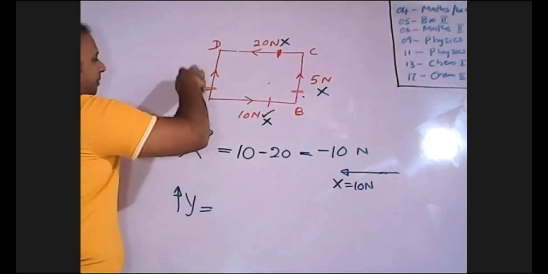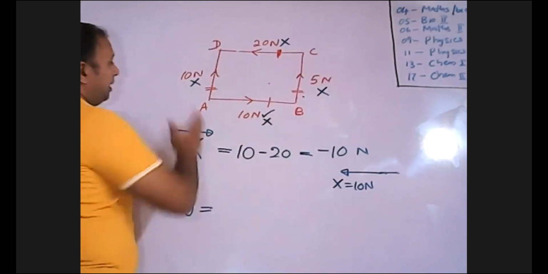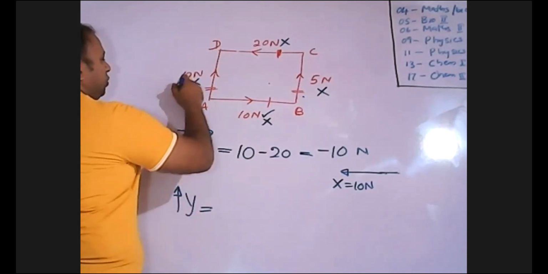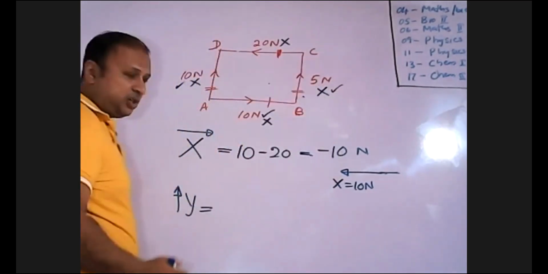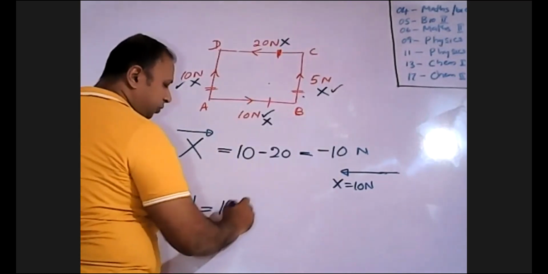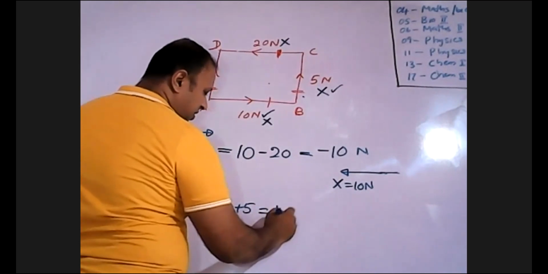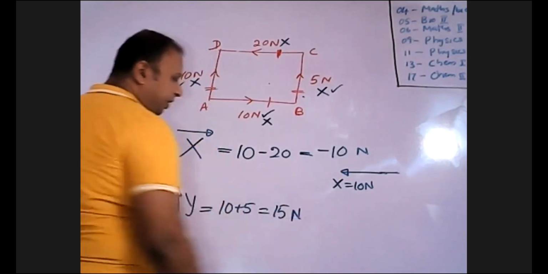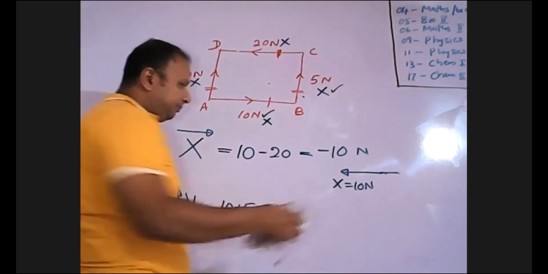Therefore, I will take these two only. 10 Newton is in positive y direction. 5 Newton also in positive y direction. Therefore, both are positive. Therefore, the y component is 15 Newton in the positive direction.